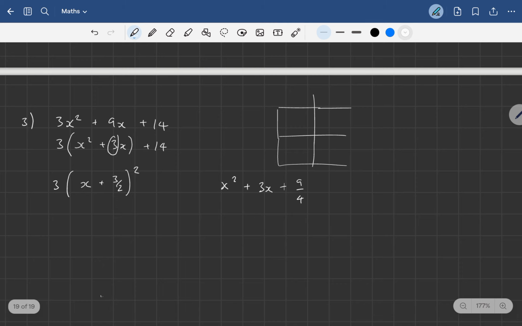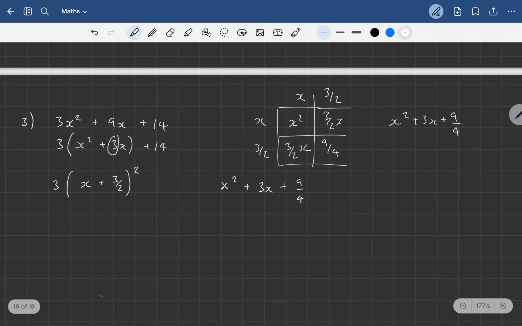we do x here and we have 3 over 2 here. We get x times x is x squared, 3 over 2 times x is 3 over 2x, x times 3 over 2 is 3 over 2x again, 3 over 2 times 3 over 2 is 9 over 4, and then we add up the terms, so we get this.